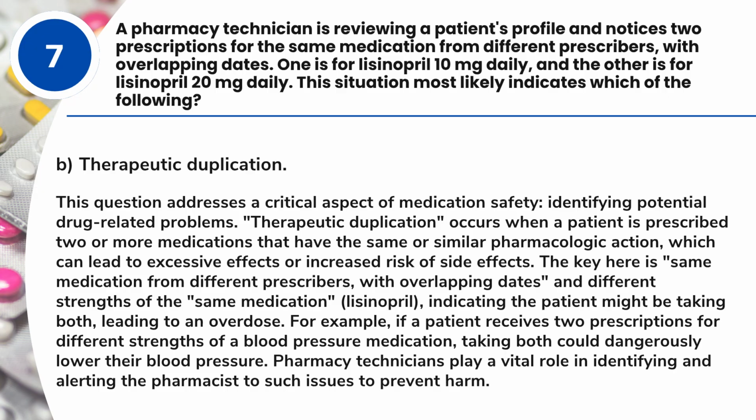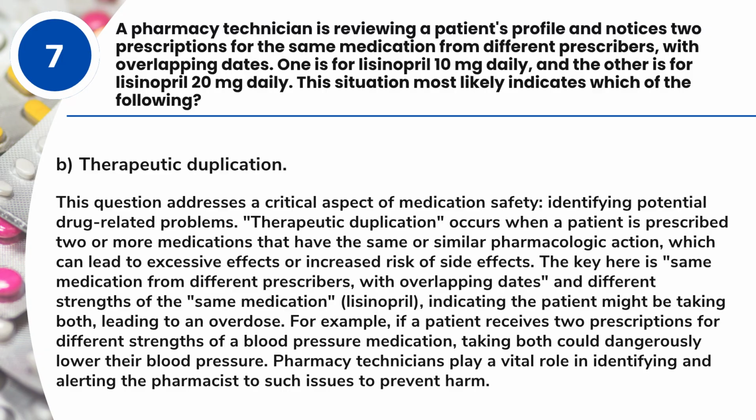The key here is the same medication from different prescribers, with overlapping dates and different strengths of the same medication, lisinopril, indicating the patient might be taking both, leading to an overdose. For example, if a patient receives 2 prescriptions for different strengths of a blood pressure medication, taking both could dangerously lower their blood pressure. Pharmacy technicians play a vital role in identifying and alerting the pharmacist to such issues to prevent harm.